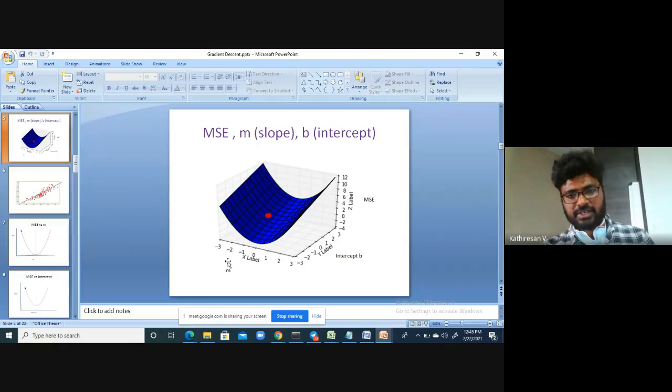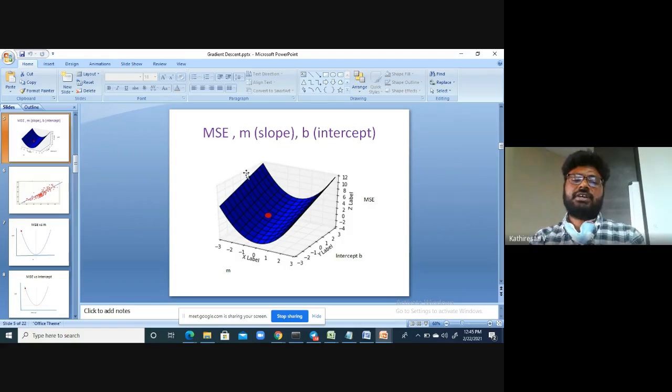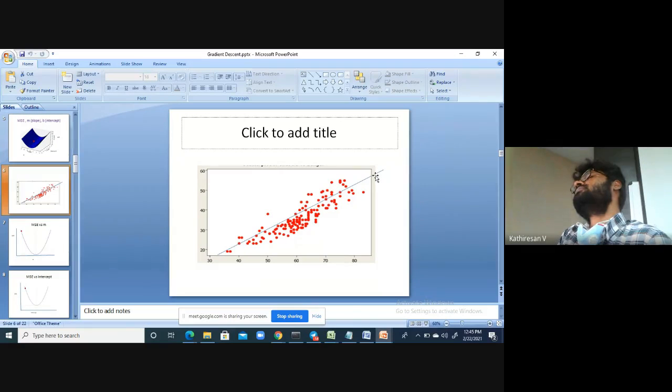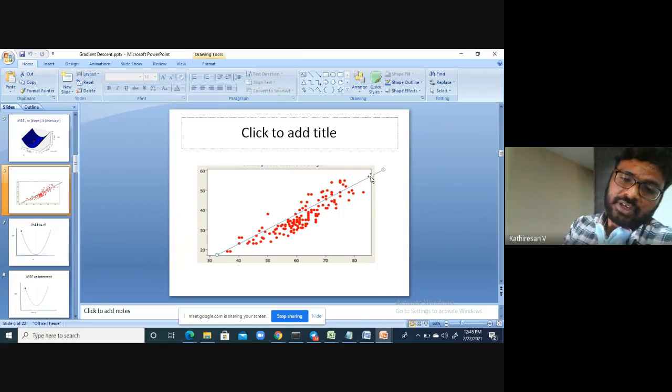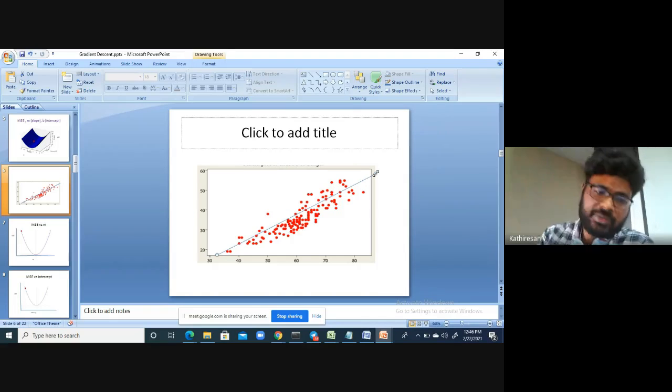Based on the MSE only it is decided. How we are fixing the appropriate line in the data distribution with minimum MSE, using the gradient descent algorithm.